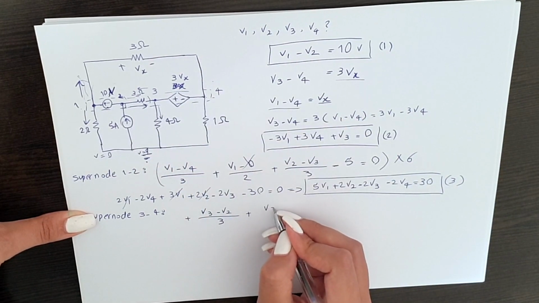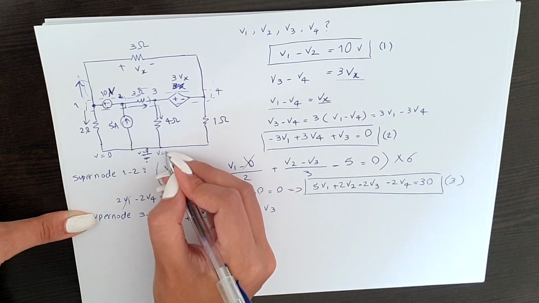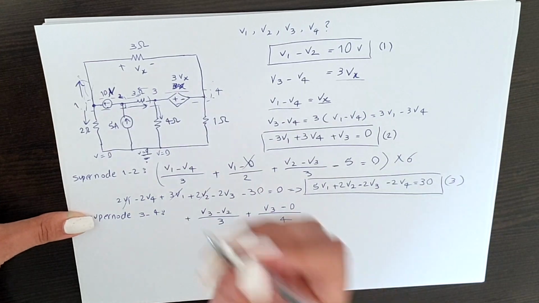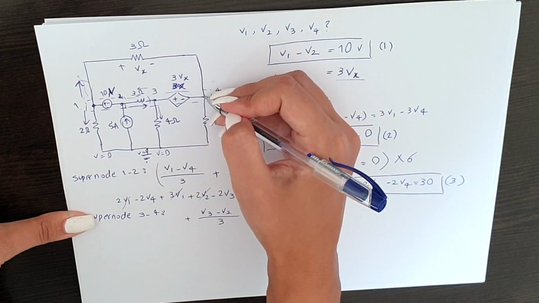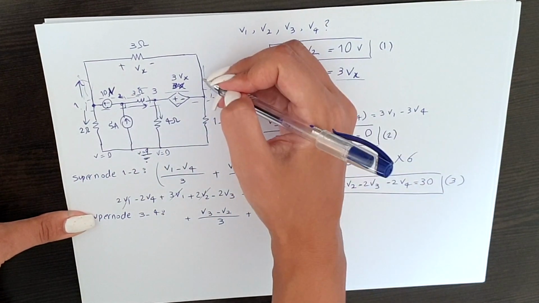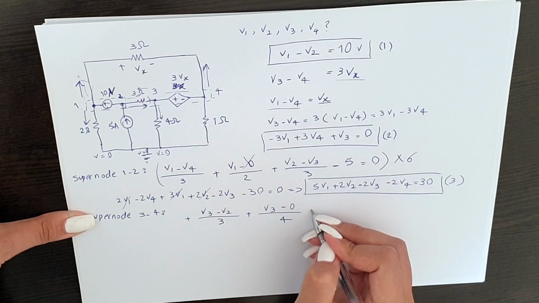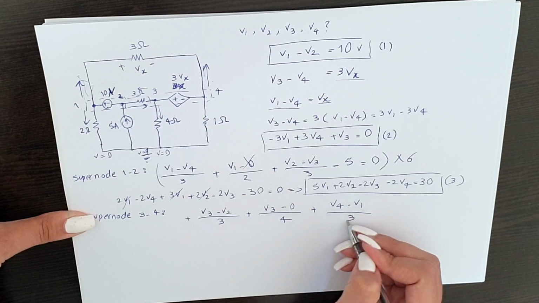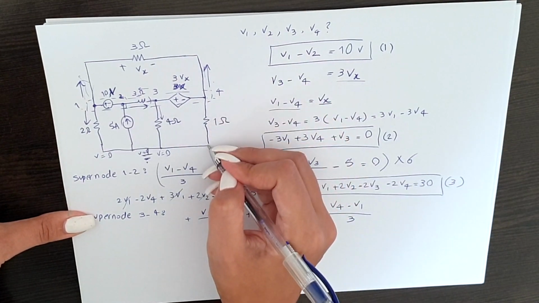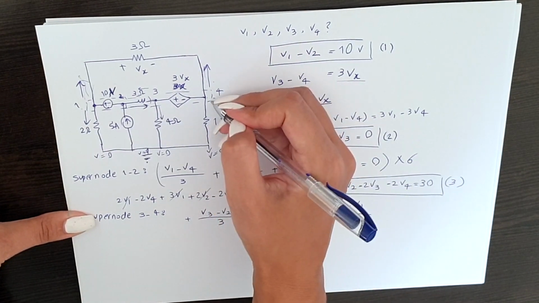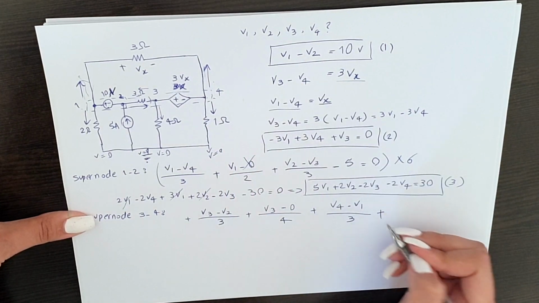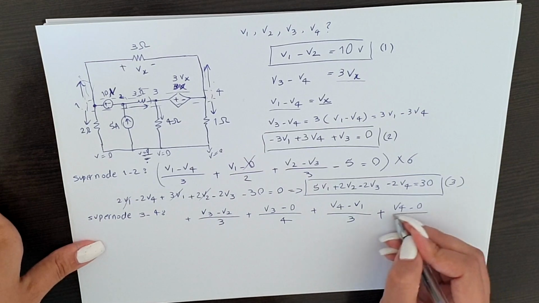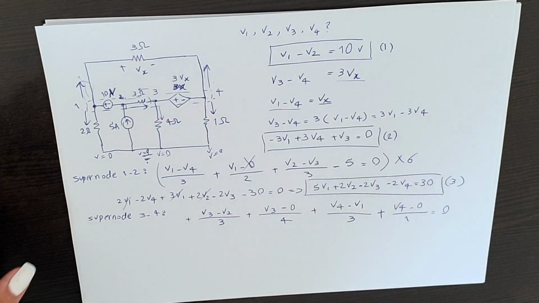So plus V3 minus 0 over our resistance, which is 4. Then it's a supernode, so from here, we consider this current, so it gives us plus V4 minus V1 over 3, which is our resistance, and here we know that this V is 0 again, and then we consider this one, so we say V4 minus 0 over 1 is equal to 0.